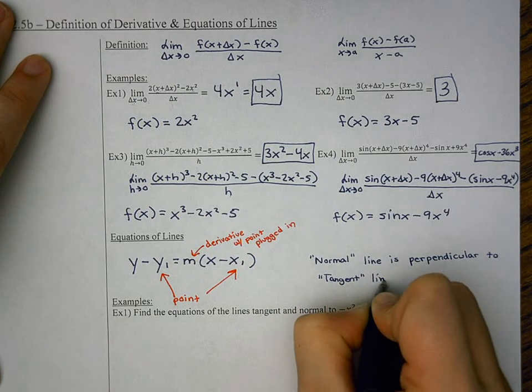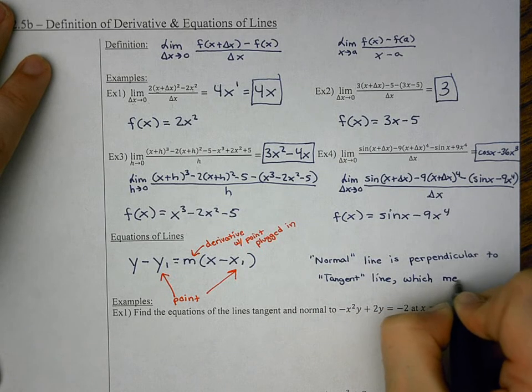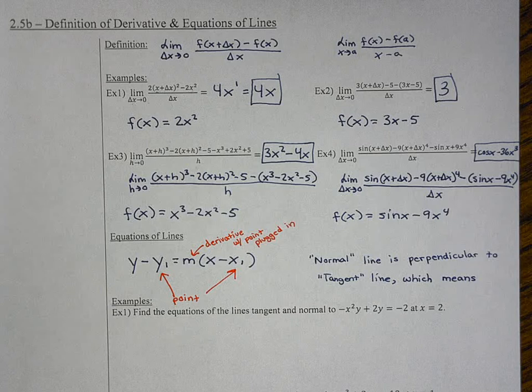Which means what? I know we know what perpendicular looks like, but in terms of my equation, what does it mean for two lines to be perpendicular? What's going to change about my two equations to create a perpendicular equation? And I'll give you a hint. It has something to do with the slope. What's true about the slope of lines that are perpendicular?